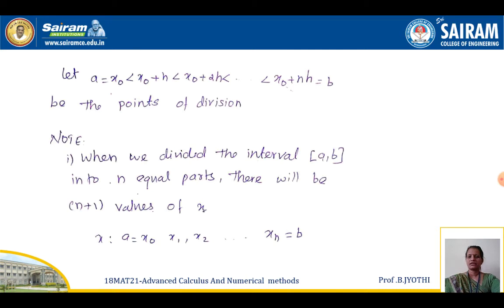Let a = x0 < x0 + h < x0 + 2h < ... < x0 + nh = b be the points of division.